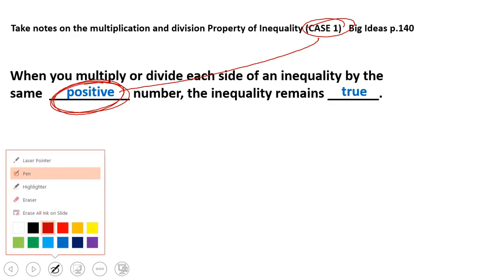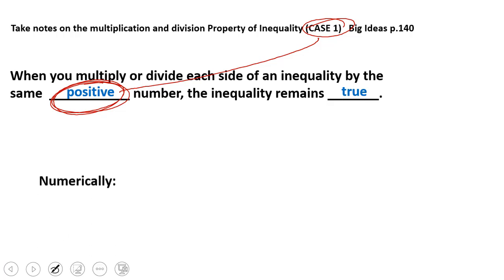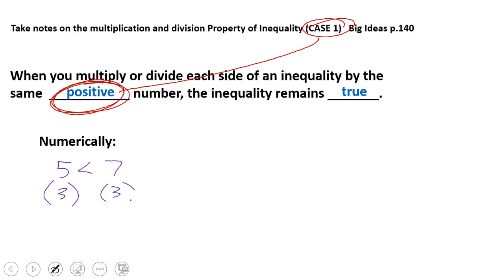So our numeric example of that would be if I have something like 5 is less than 7, and I multiply both sides by 3, that's a positive 3. I would get 15 is less than 21, and that is a true statement. That is a very true statement.